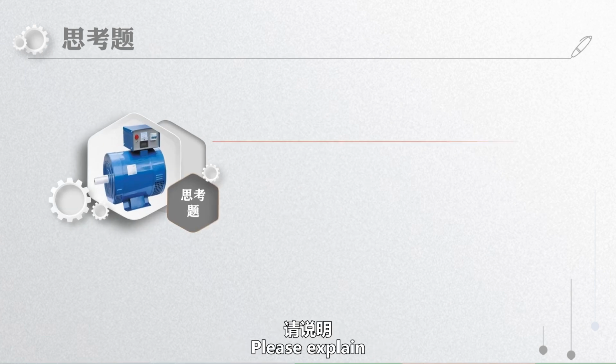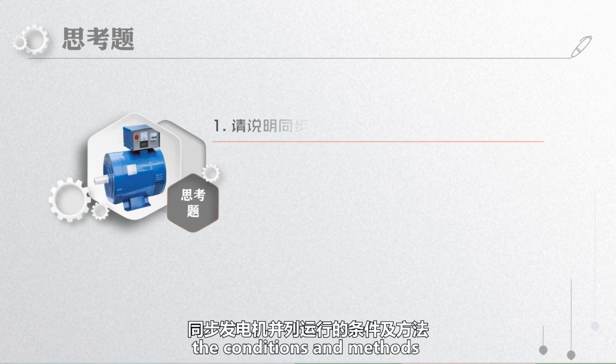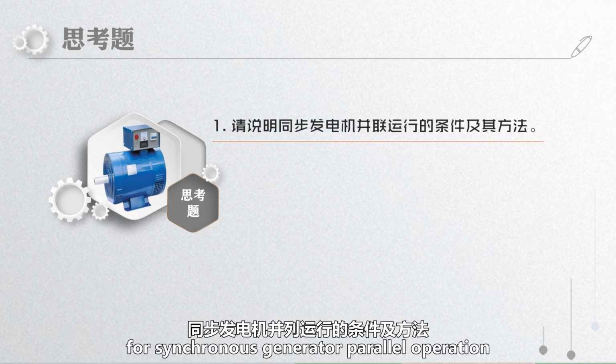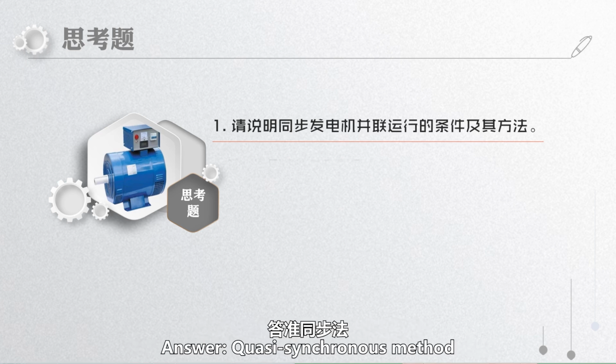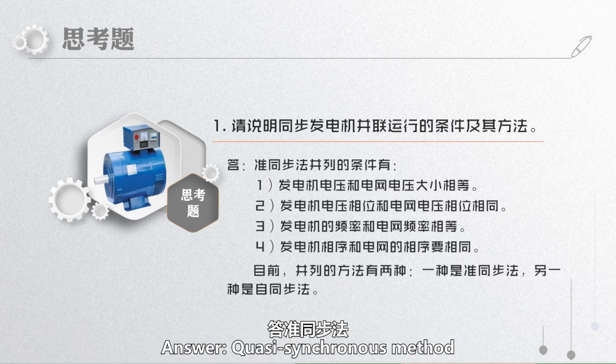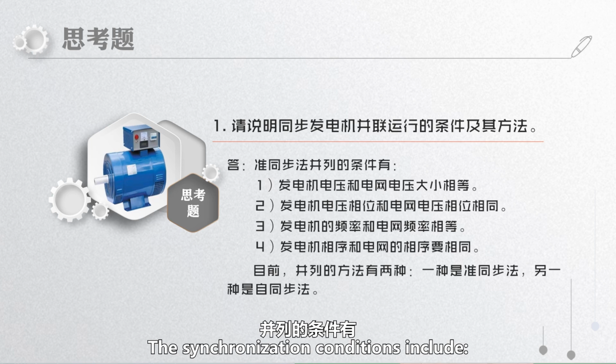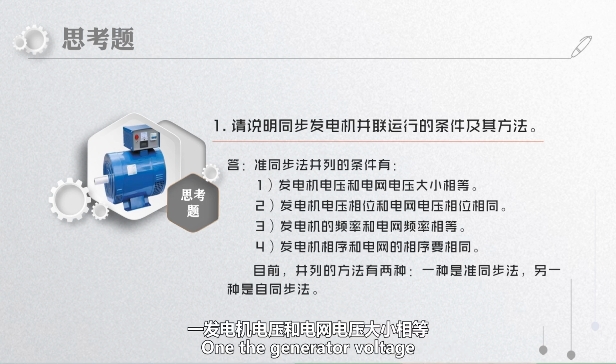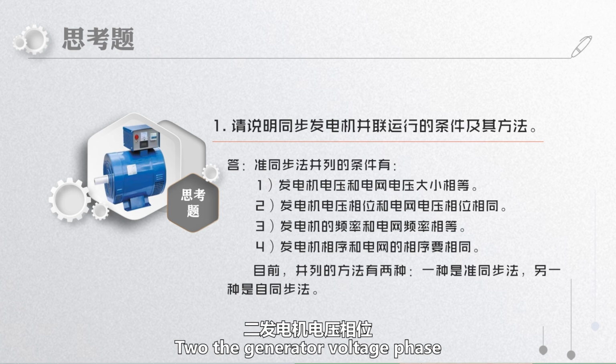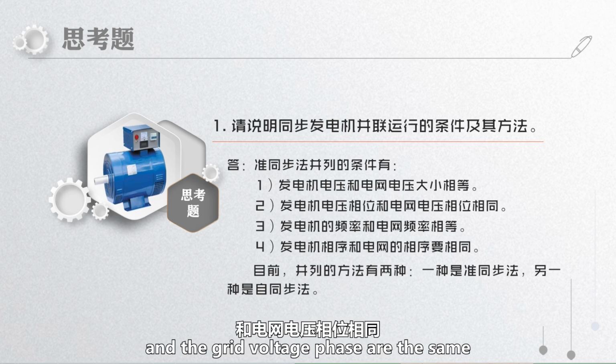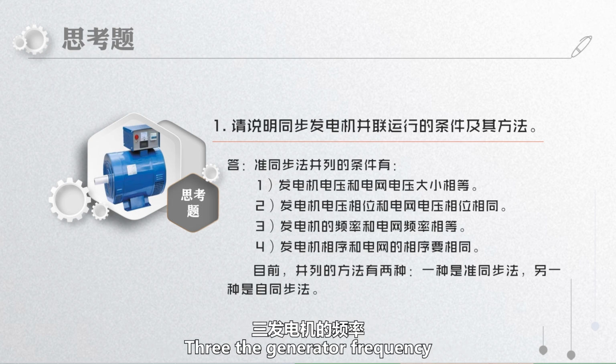Thinking question 1. Please explain the conditions and methods for synchronous generator parallel operation. Answer. Quasi-synchronous method. The synchronization conditions include: 1. The generator voltage and the grid voltage are equal. 2. The generator voltage phase and the grid voltage phase are the same. 3.